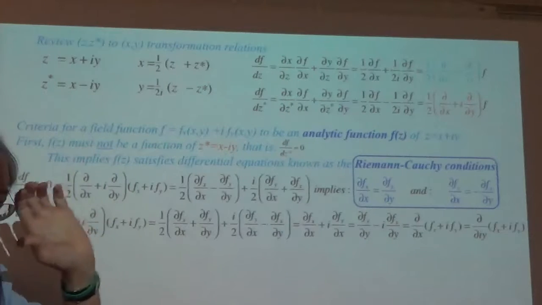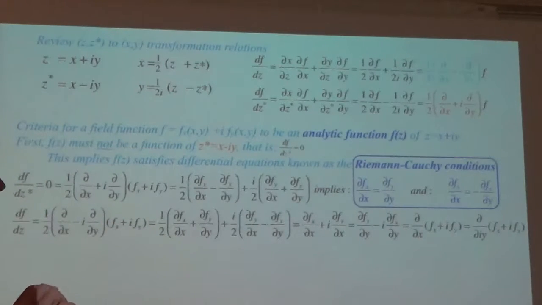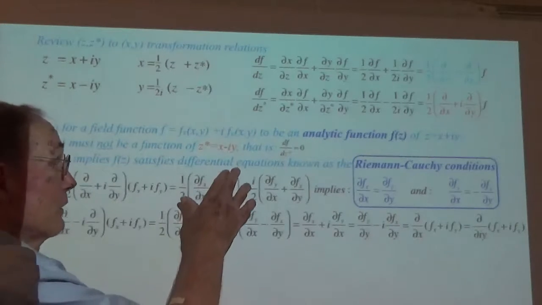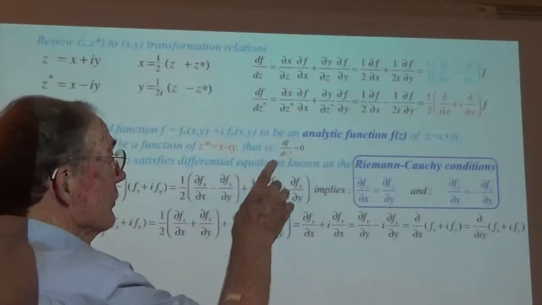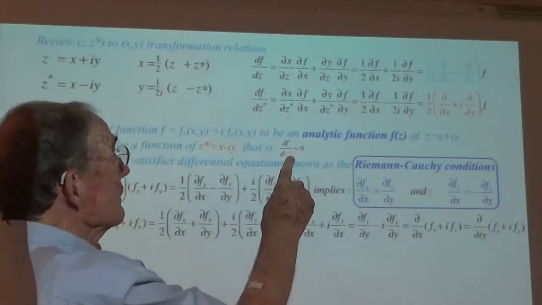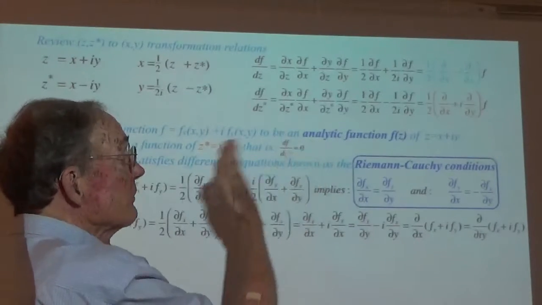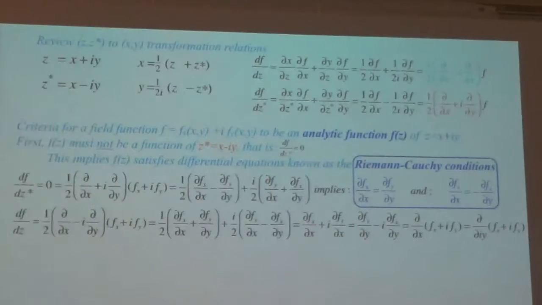That's similar, but a little bit of a stretch of logic, as we've already seen. We had to do some funny analysis to make it clear what that meant. So here's the thing: df dz star, if it's an analytic function of z, is not a function of z star. That's what lets us do all these tricks.